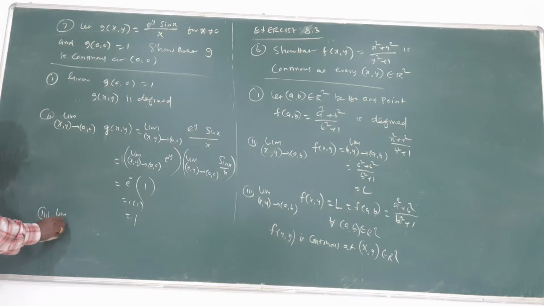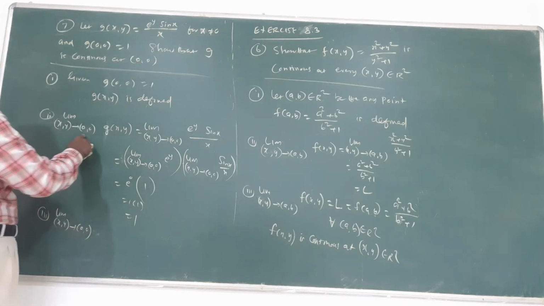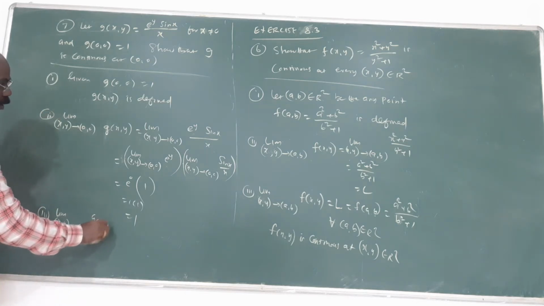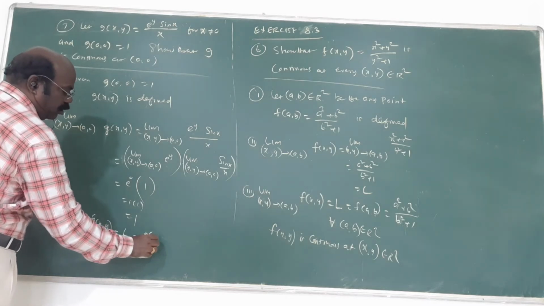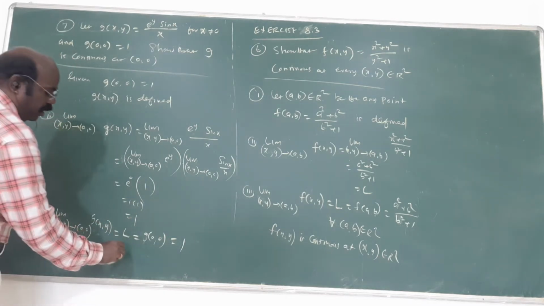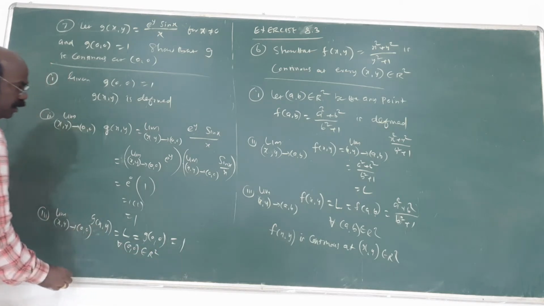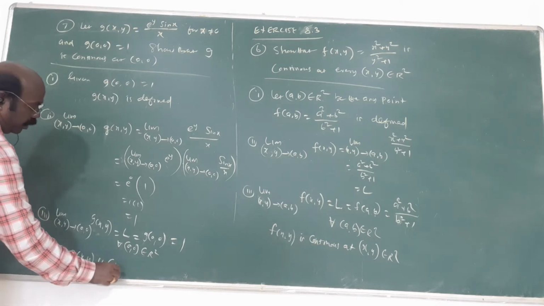The third one: limit (x, y) tends to (0, 0). Here it is at (0, 0), not (a, b). So I apply (a, b) as (0, 0). Limit of g(x, y) equal to L equal to g(0, 0), the value is what? Therefore for (0, 0) belongs to R square, g(x, y) is continuous.